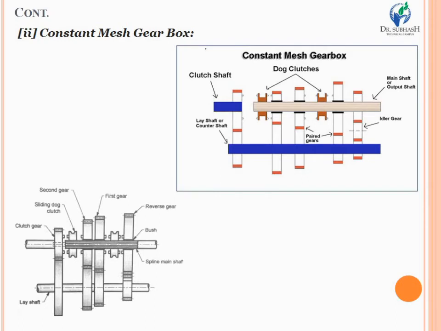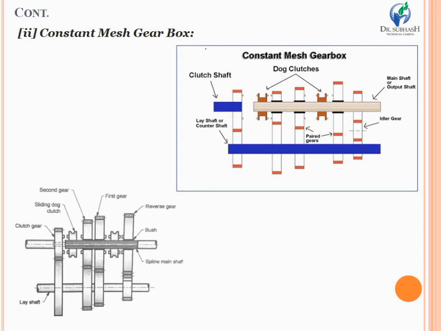So ultimately your requirement for the variation of speed and torque will be met by sliding the left as well as right dog clutches, and in that way you can pair the different gears and get the variation of torque and speed that you require for your bike or even machine operations.